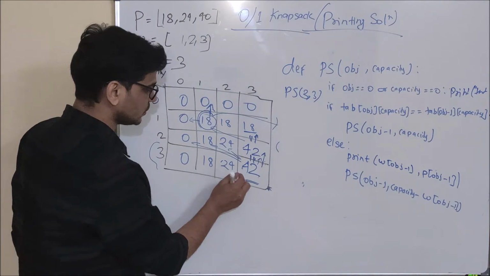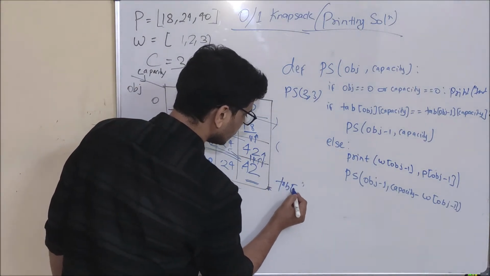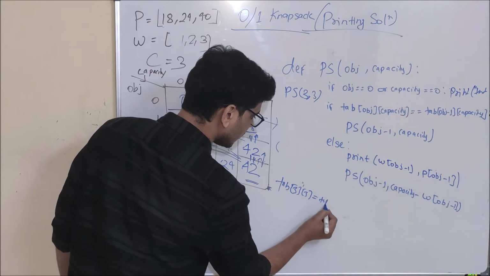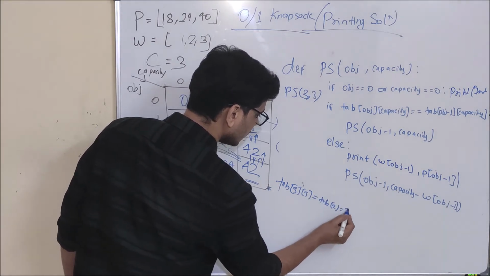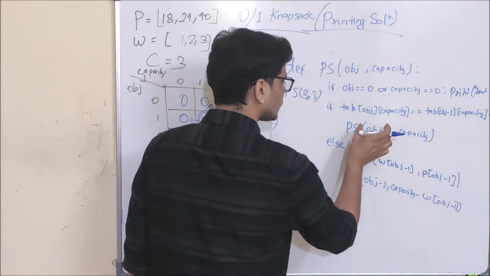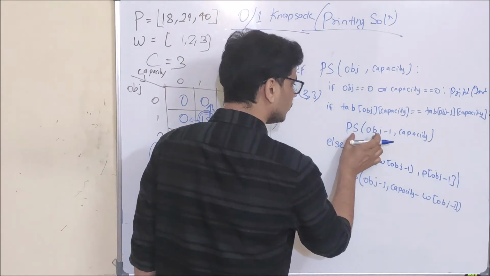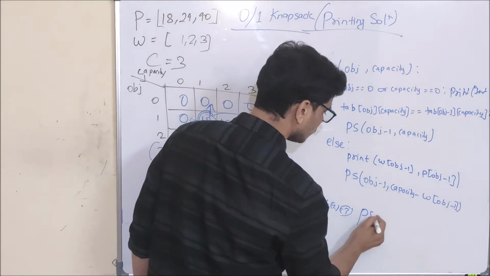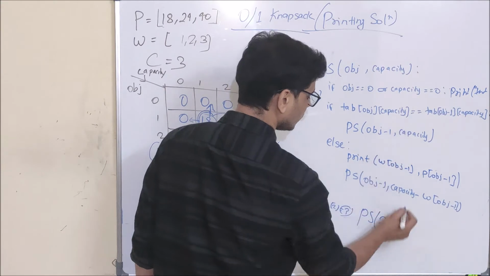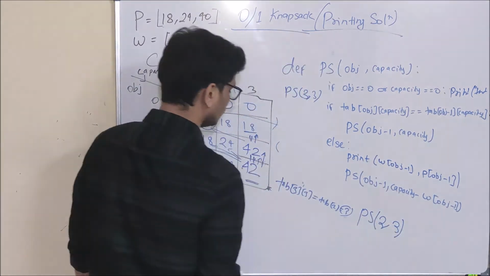So as you can see, tab of 3 3 is equal to tab of 2 3. That means I have not taken this object. So I am going to call PS, that is, I will ignore this object: 2, and capacity will remain the same.